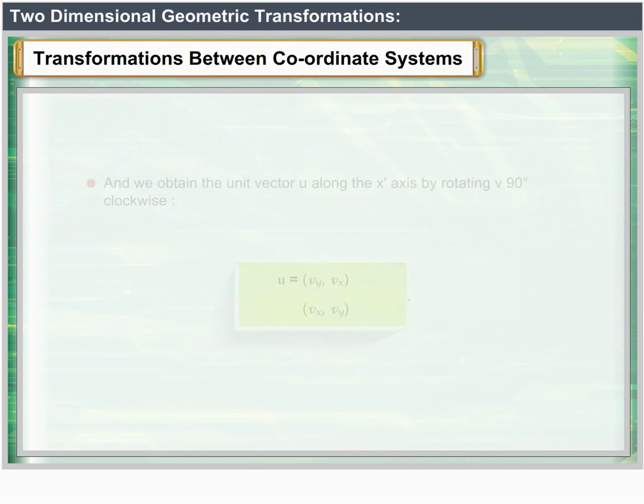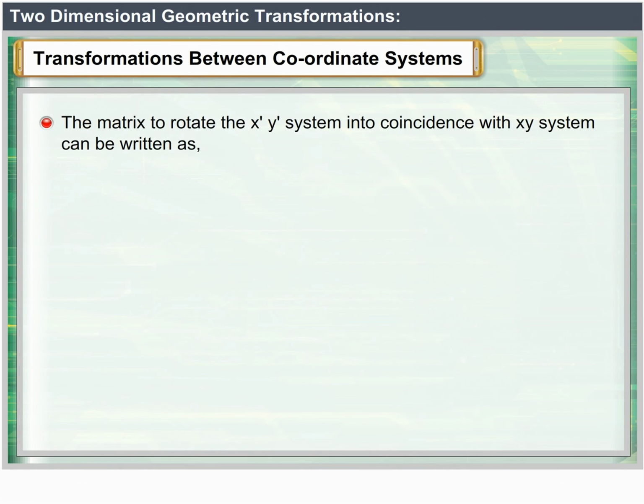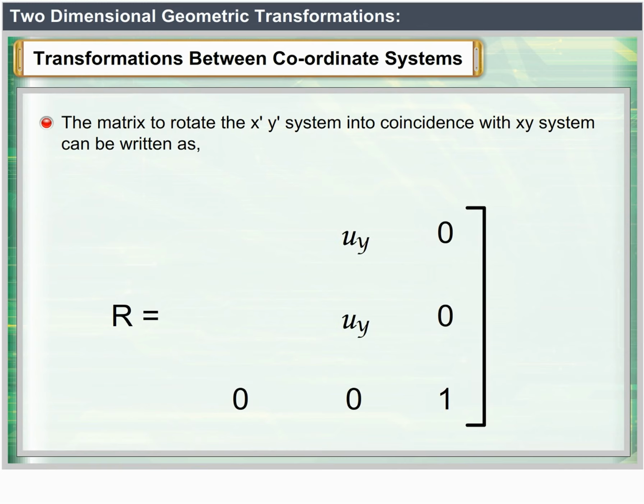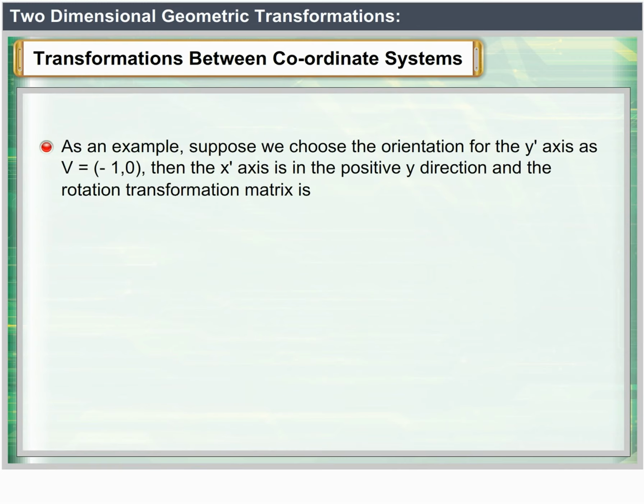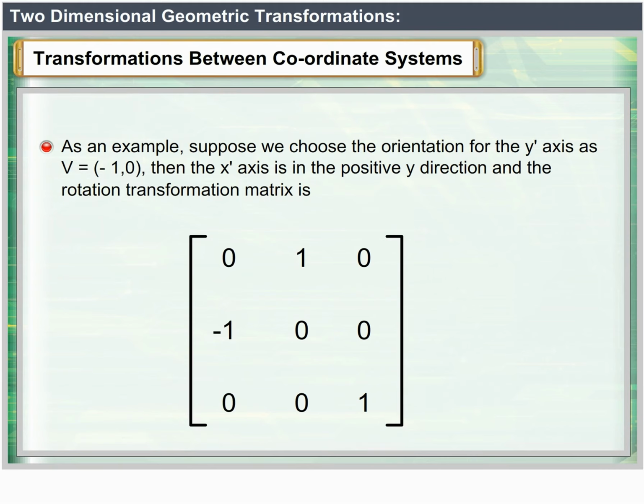As an example, suppose we choose the orientation for the y dash axis as v equals -1, 0. Then the x dash axis is in the positive y direction and the rotation transformation matrix will be as shown. In an interactive application, it may be more convenient to choose a direction for v relative to position p0 than it is to specify it relative to the xy coordinate origin.